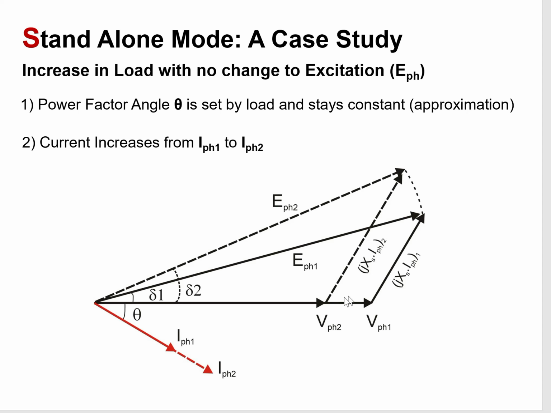So we can see here that the phase voltage in the second case is increased. And since the magnitude of the internal generated voltage is constant, the phase voltage will move parallel to its initial position.